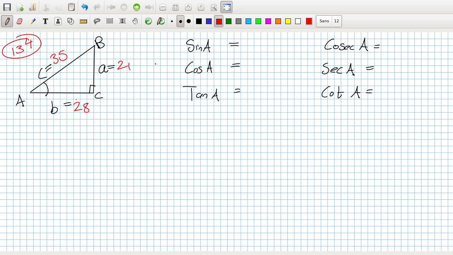That's nice because that makes sine A 21 over 35. Cos A is 28 over 35. Tan A is 21 over 28. And then the reciprocals for these. Okay, that's 134.